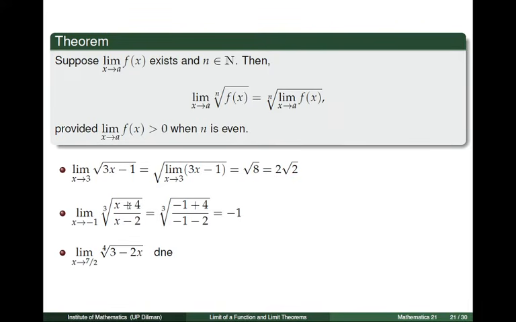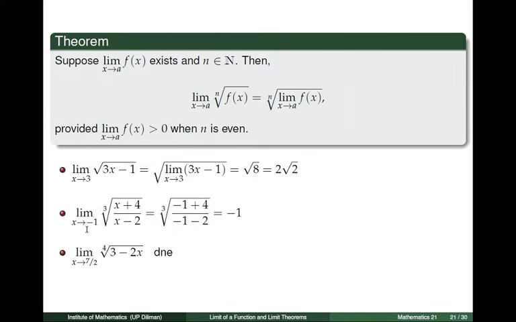However, the radicand in this case is a rational function, so we need to check whether this radicand here has a limit. The numerator and the denominator being polynomials, we can substitute -1 for x, provided that the rational function is defined at -1. And that is the case in this example.